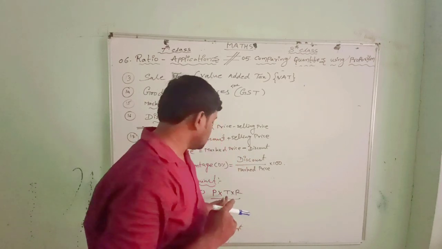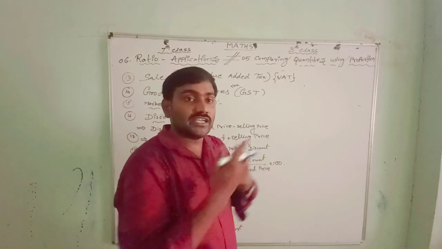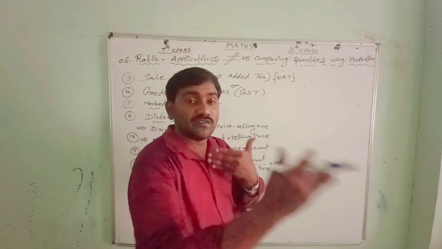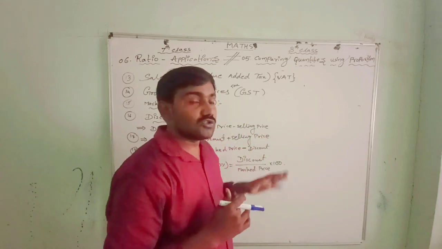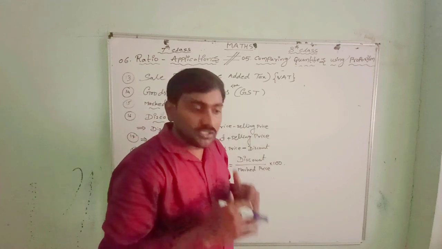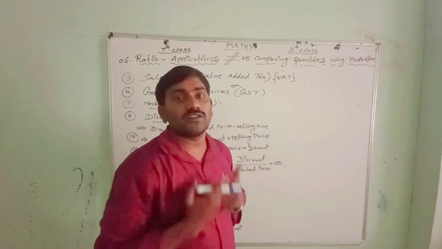Time, T. Time in the sense the duration between taking the amount and giving it back is called the time period. Suppose in 2017 I have taken an amount, in 2021 I am giving it back, that means 4 years I have kept that amount with me.